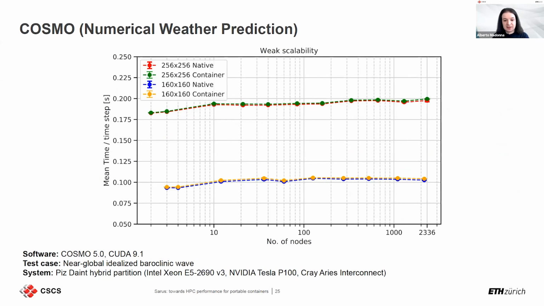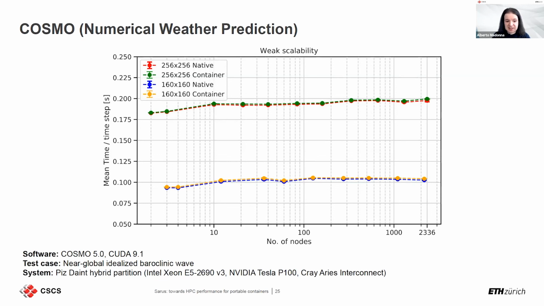The final set of results is from COSMO, a numerical weather prediction software used by several national weather forecasting services for operational and daily forecasts.